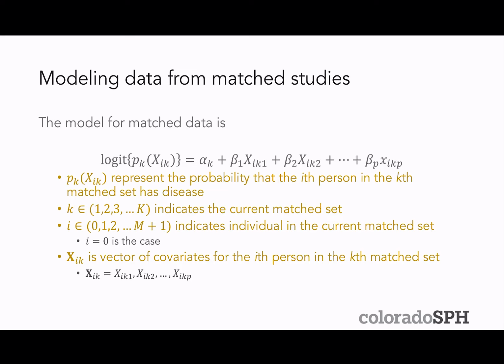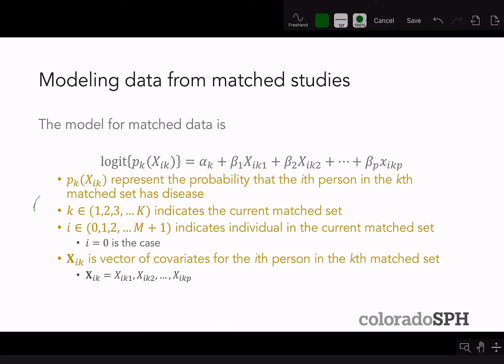So, from last lecture, modeling data from matched studies, we can use a logistic model where p_k of x_ik represents the probability that the ith person in the kth matched set has disease, where k indicates the strata or the current matched set, and i indicates an individual in the current matched set, where you have m plus 1 individuals, where m is the number of controls.